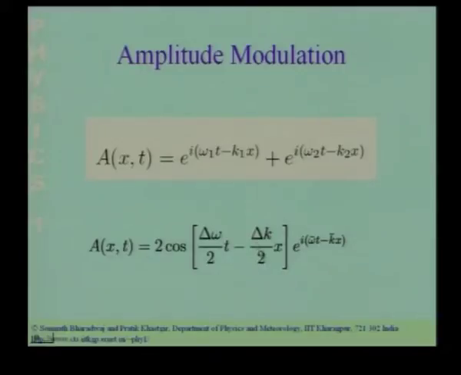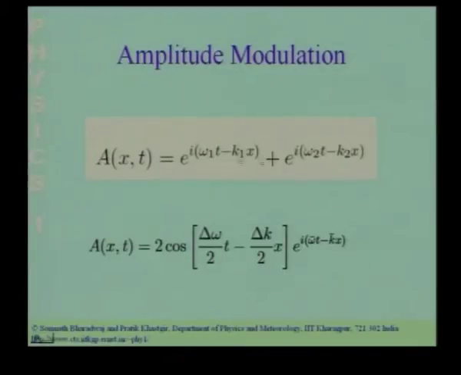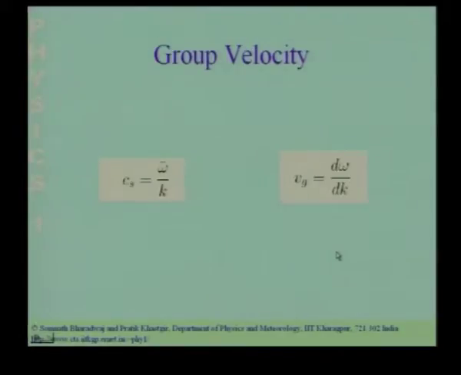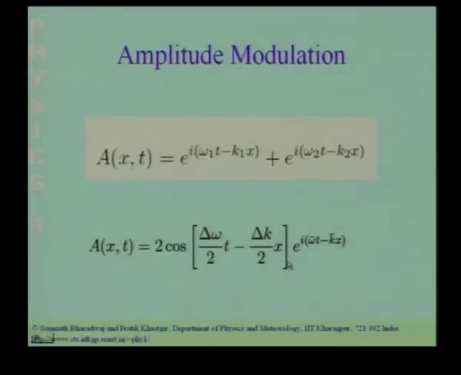Now, let us ask the question, at what speed does the amplitude of the modulation of the wave propagate? The wave itself propagates at the phase velocity. The fast part propagates at the phase velocity, which is omega bar by k bar, and the modulation of the amplitude itself propagates.